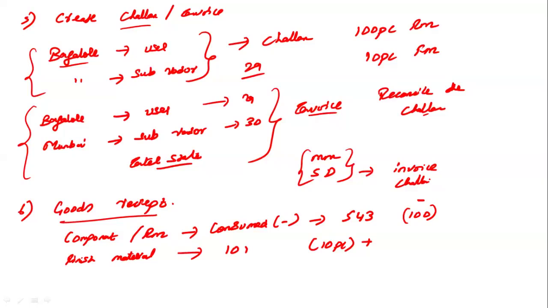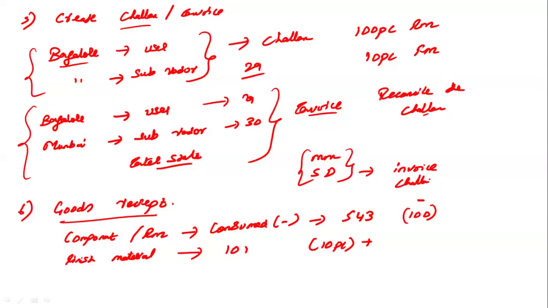Let me repeat it. The MM guy is going to create a subcontracting PO. The PO is sent to the vendor. In this case, you are the customer because you are buying the material from him. When you are sending a raw material, we are not going to send it, the SD people are going to send it. In that case, we are going to send the material via invoice or challan.